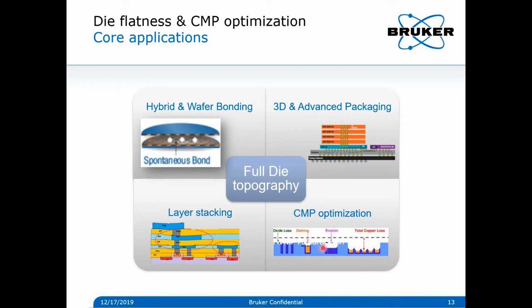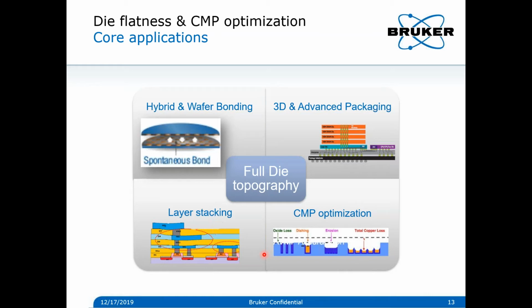So here you have an example where you have dishing, erosion, which is unwanted, and you want to control that. So usually we use atomic force microscopy to do that, because it requires high lateral resolution, especially with the coming nodes below 10 nanometers and all the deep EUV lithography. However, what is interesting is a larger scale with a full die topography.